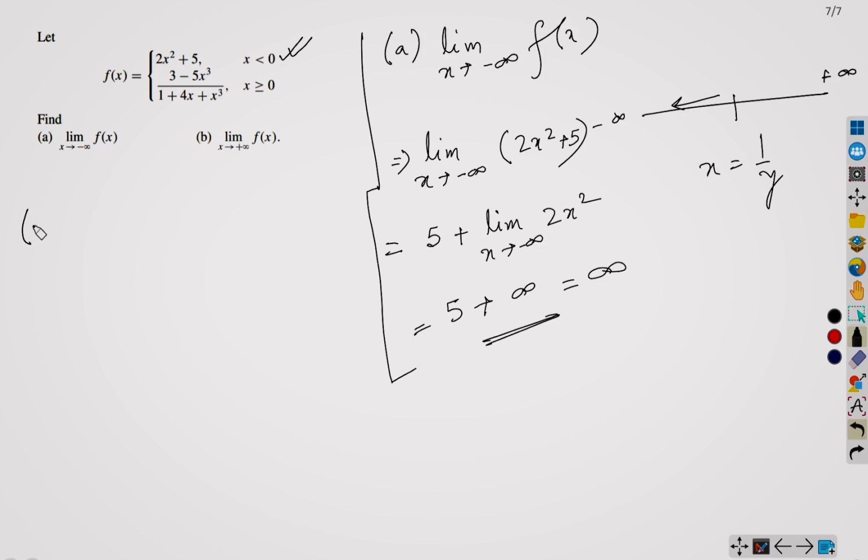Next one, B, limit x tends to plus infinity f(x). We have x tends to plus infinity, means x here is positive, right hand side, yes, because it is plus infinity, that is x greater than equals 0.